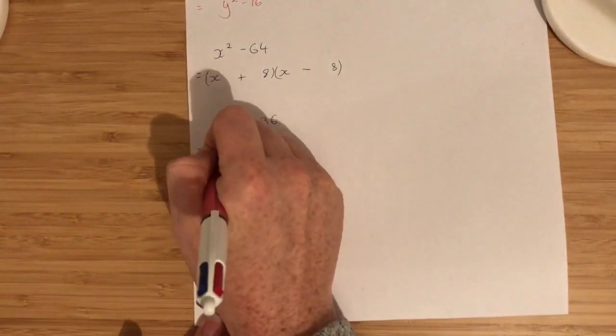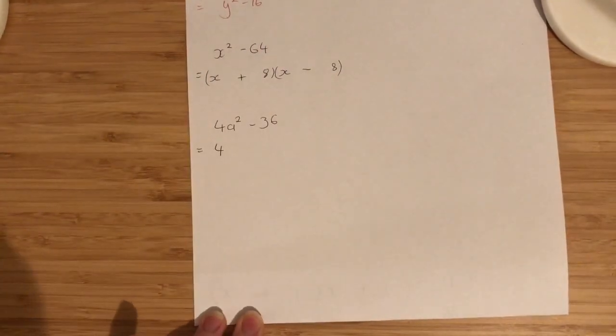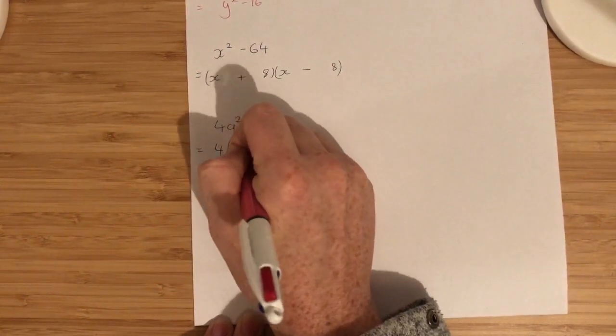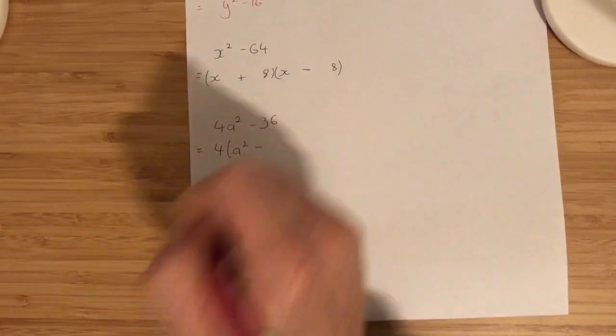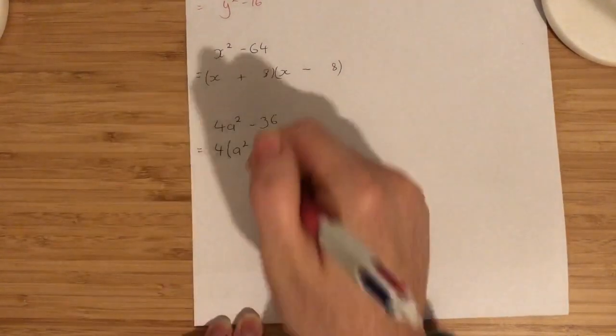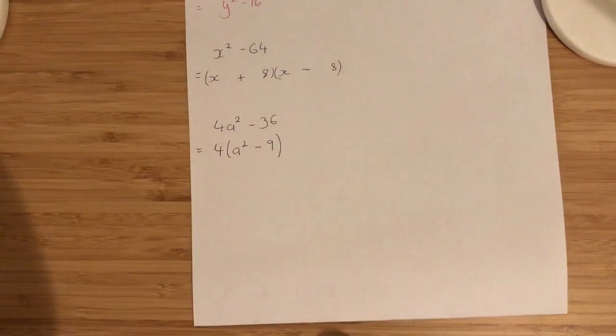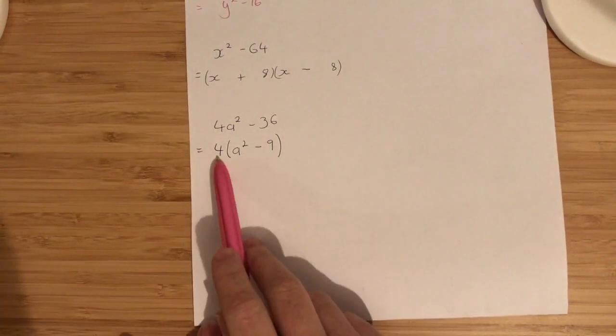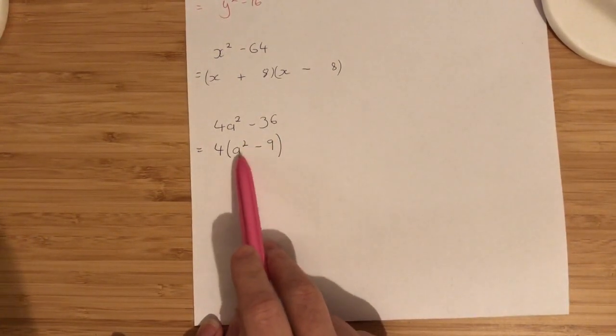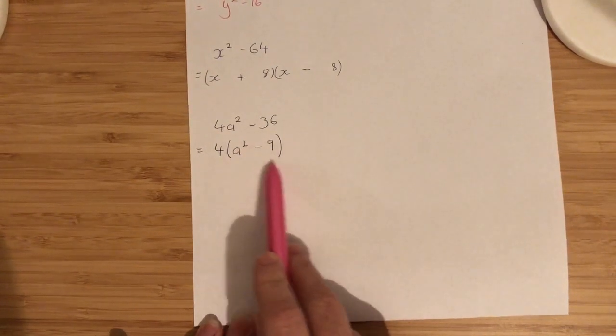So you take that out as the highest common factor first, 4. What you're left with is a squared minus 9. If you're not sure how to take out the highest common factor, have a look at the other video.